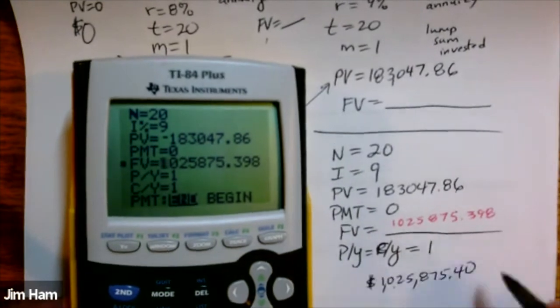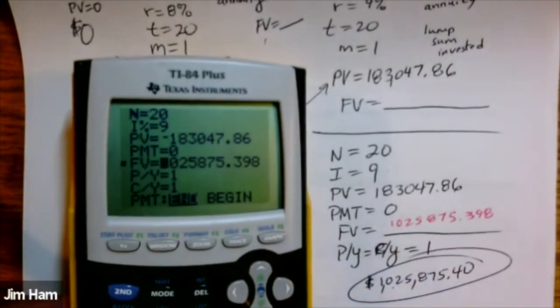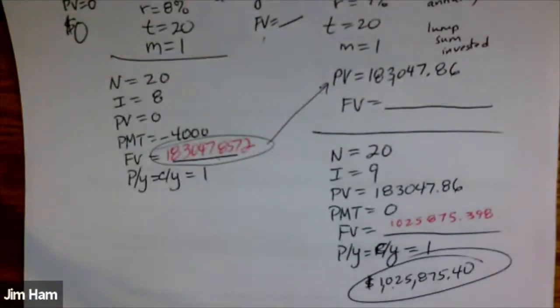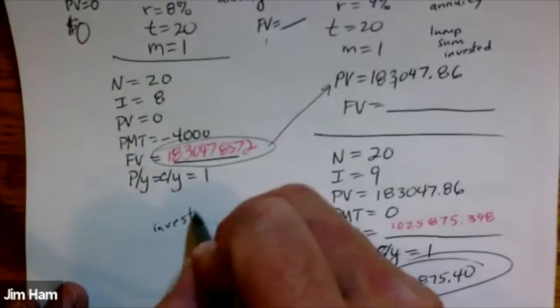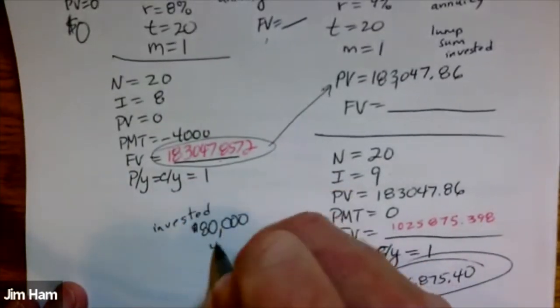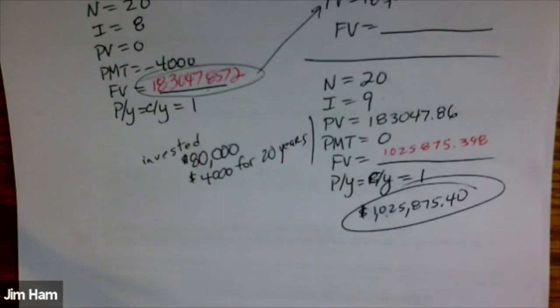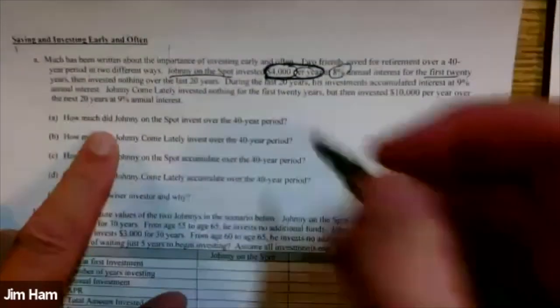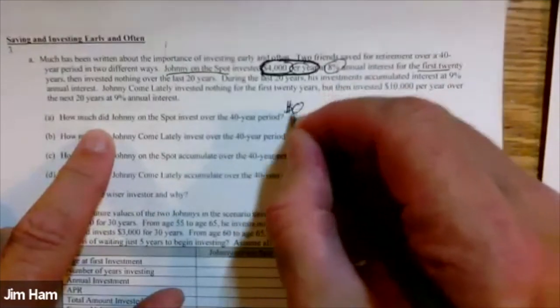Okay, so that's how much Johnny on the spot is going to have. He invested $4,000 for 20 years. So you don't have to invest your entire paycheck to become a millionaire. Just a small chunk, $4,000 a year, and that works out to, you know, $350 a month.